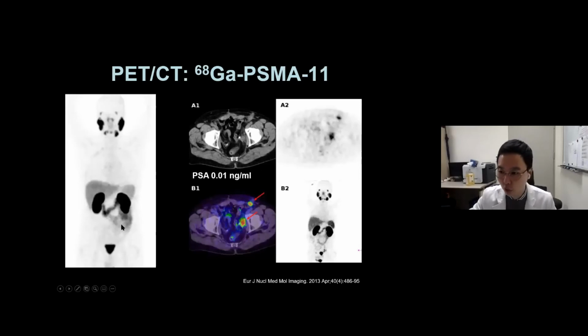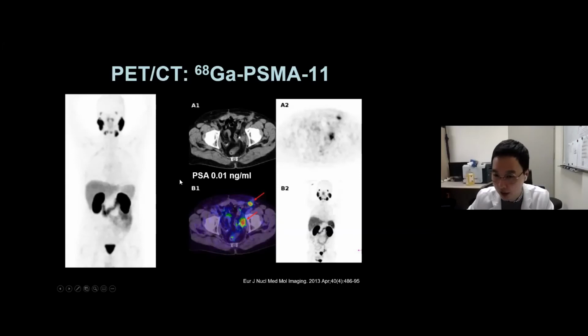So you can see the normal distribution first, and there are high uptake in the glands and in the liver, spleen, and kidney and bladder shows high uptake. However, the detection ability was quite surprising that this patient had a PSA level of 0.01.